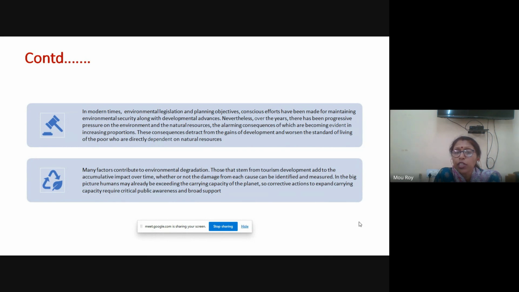They add to the accumulative impact over time, whether or not the damage from each cause can be identified and measured. And humans may be already exceeding, as I told you, because during the weekends, you'll find a lot of tourists traveling to these destinations.